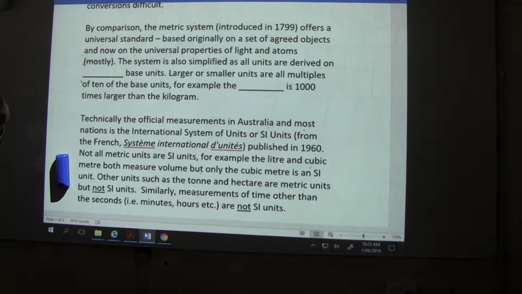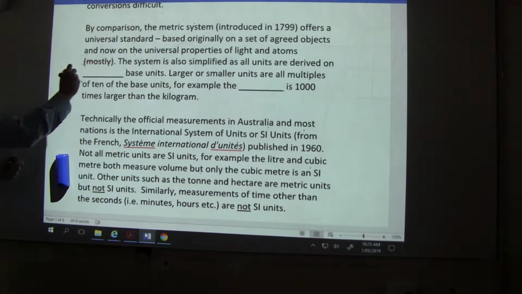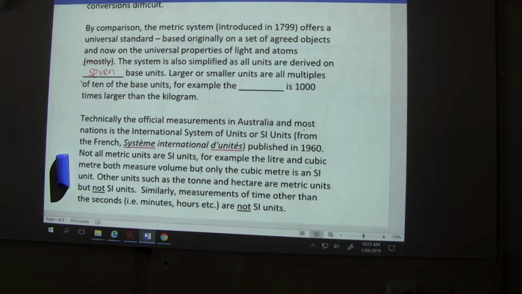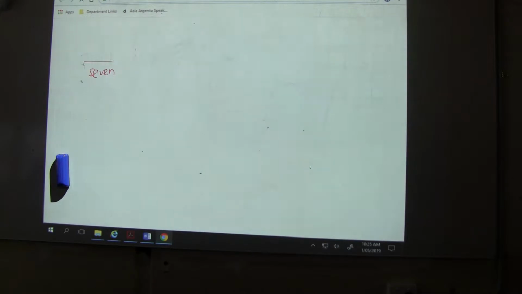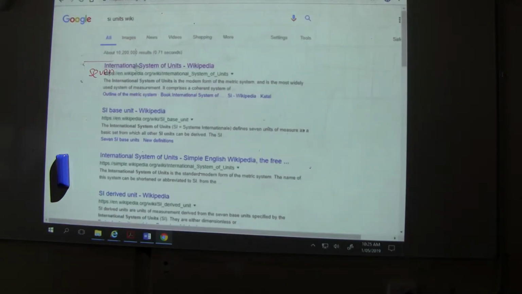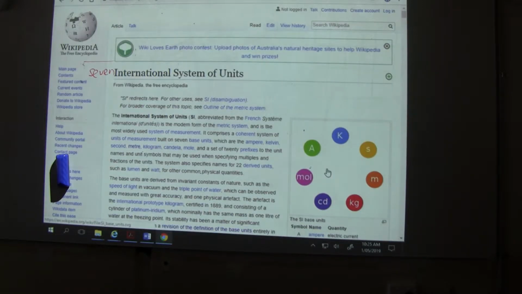Okay, the system is also simplified as all units are based on seven base units. If I show you here, so if I go to the SI units, you can see there are 7 base SI units.